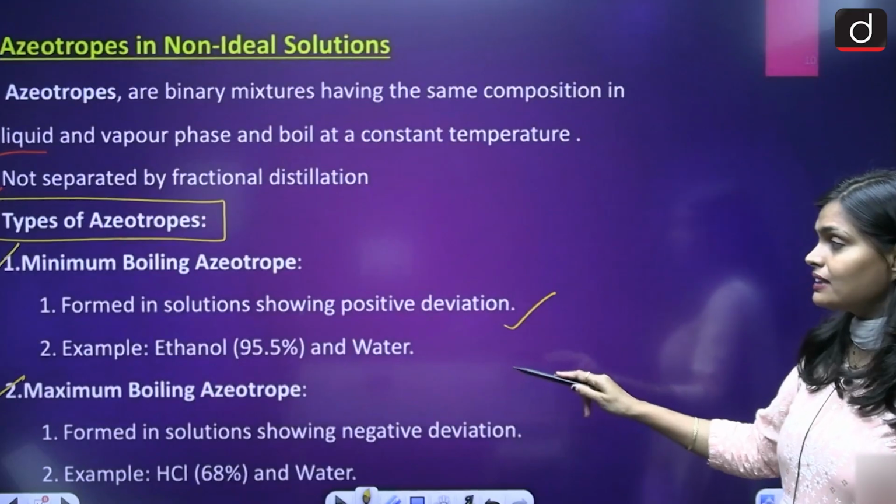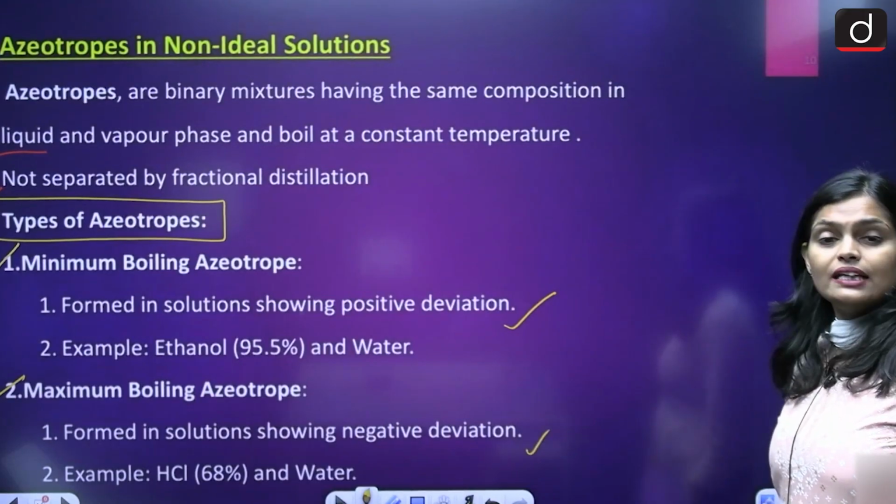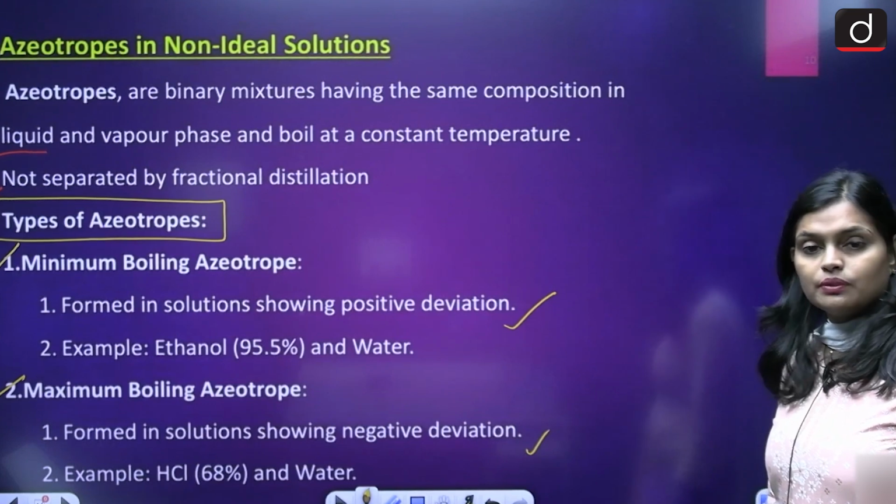Similarly, a maximum boiling azeotrope you will see in the negative deviation.